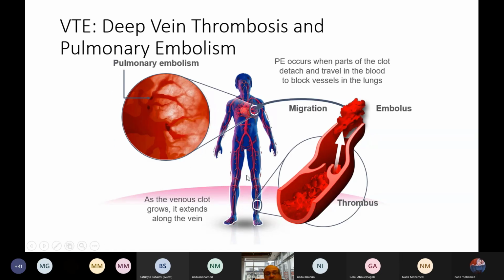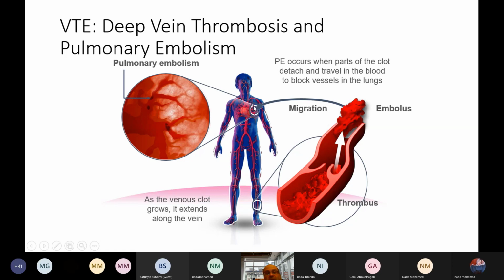What is DVT? DVT means that the venous system is occluded by thrombus, and the danger of this thrombus is its sequelae. At first, the patient will suffer from edema of the lower limb, some heaviness, swelling of the lower limb, and the problem is the complication, because part of this thrombus could detach and go to the heart.